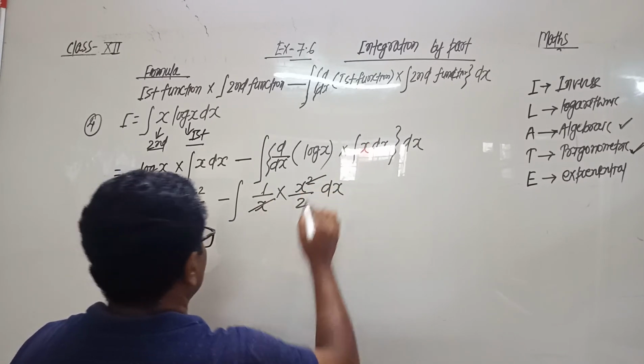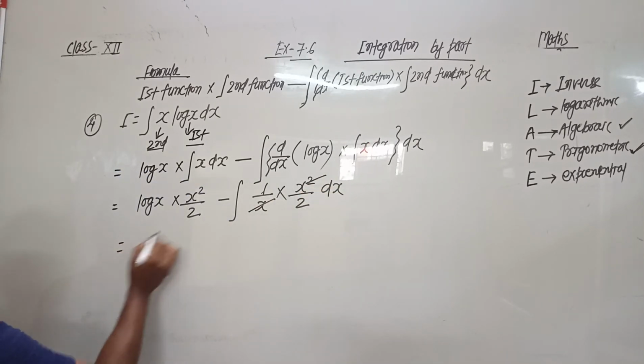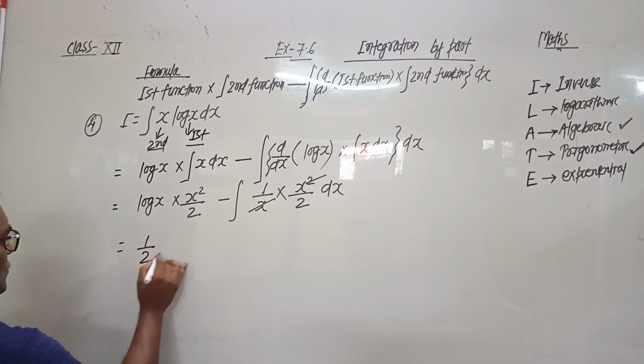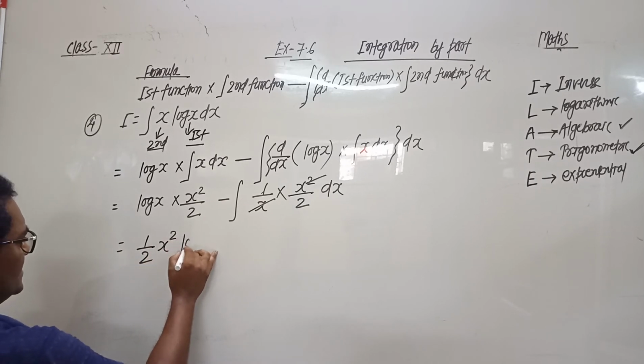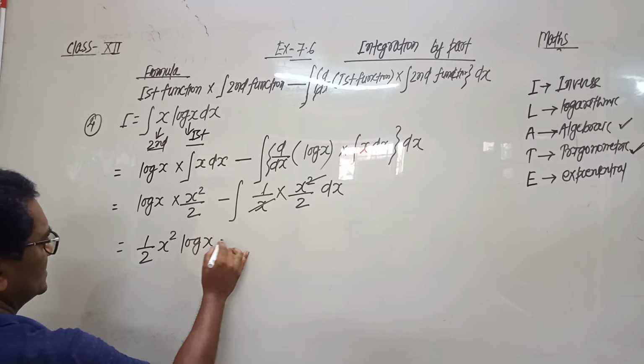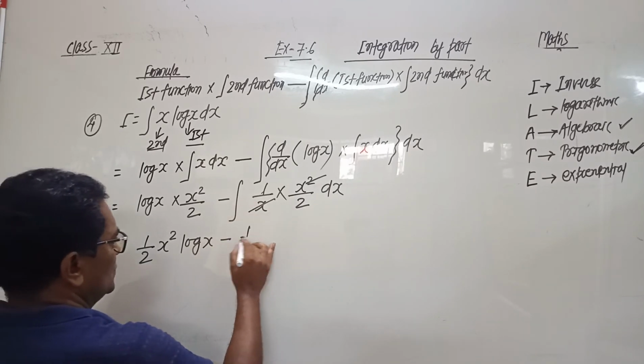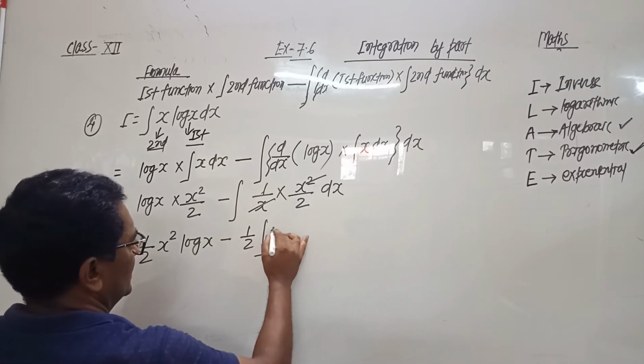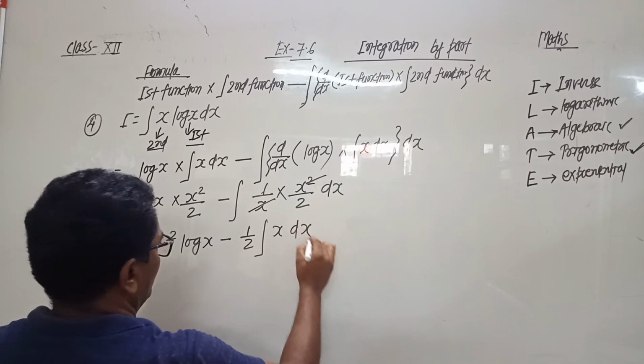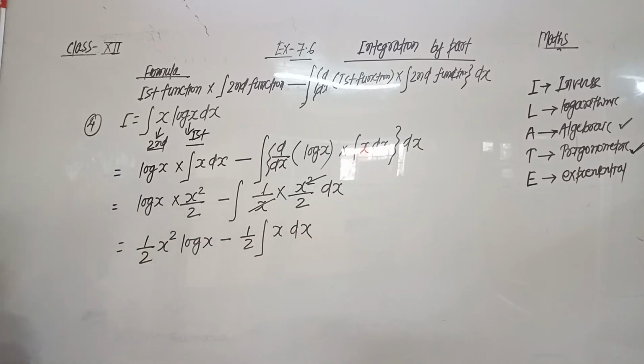1 times x gets cancelled, and this would be written as 1 by 2 into x square log x minus 1 by 2 taken outside, and integration of x dx. Now the integration of x dx is x square by 2.